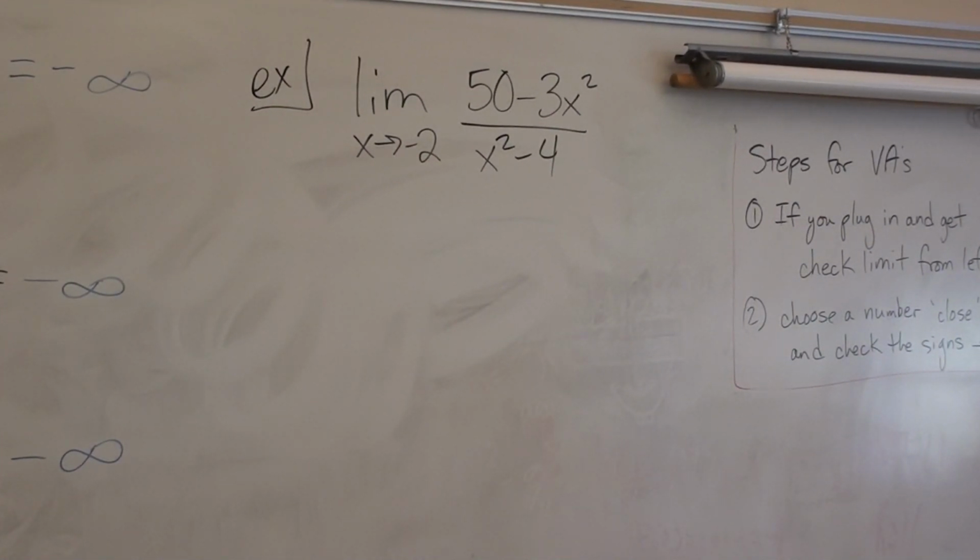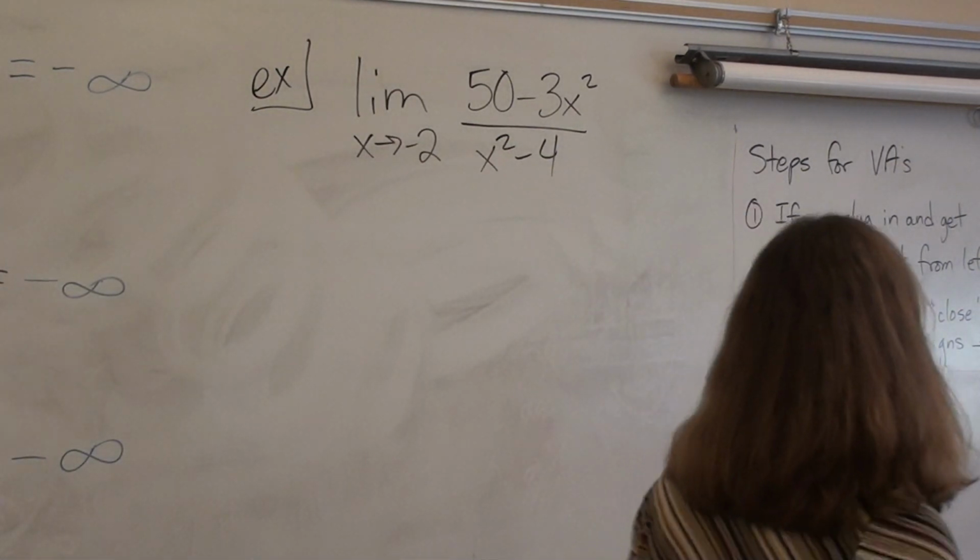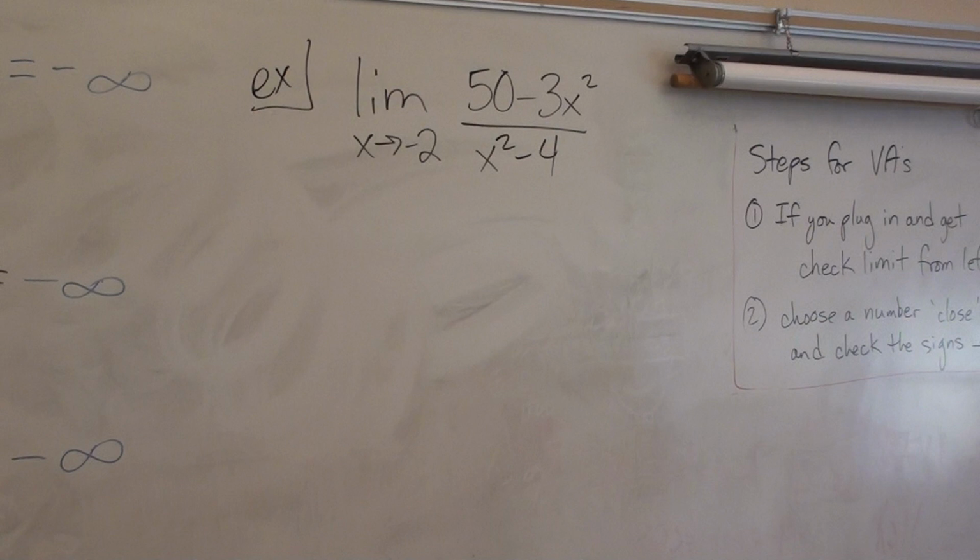So when you plug in, do you get 0 over 0? Not 0 over 0. What do you get? Not 0 over 0, which means there is a vertical asymptote, which means we need to check the limit from the left and right. Which means we need to pick a number close and check the signs.